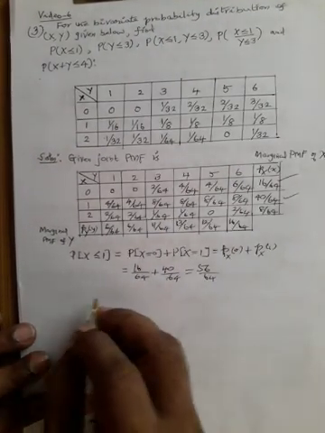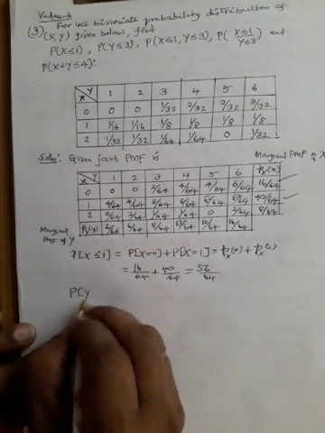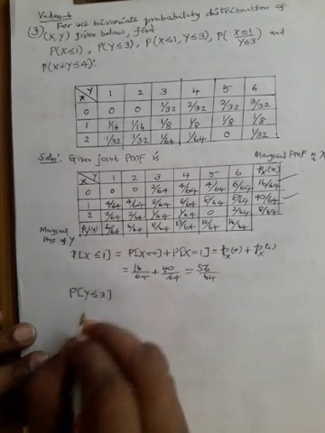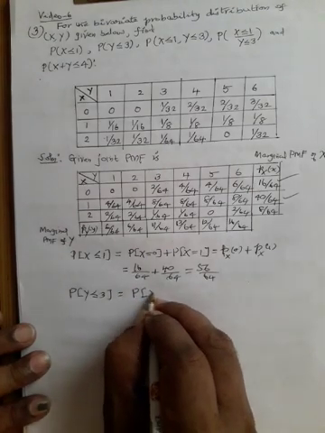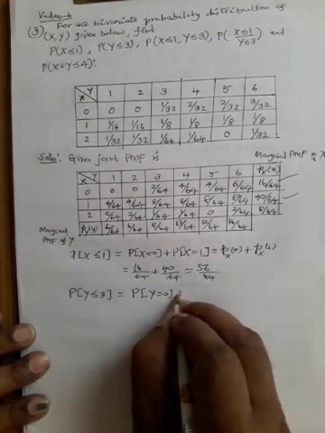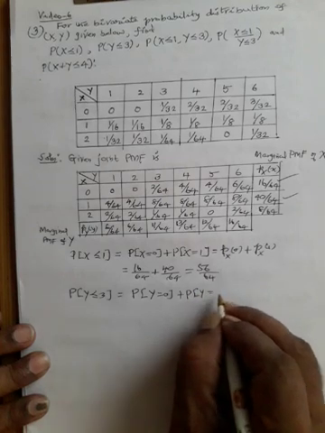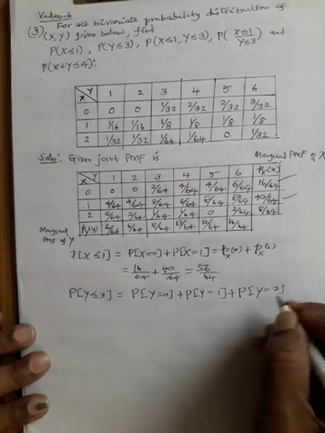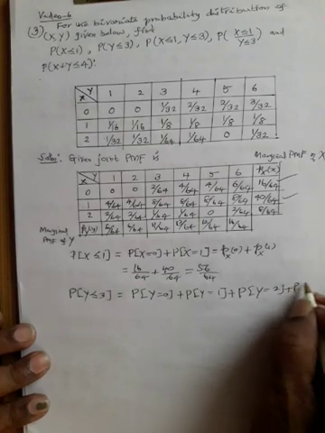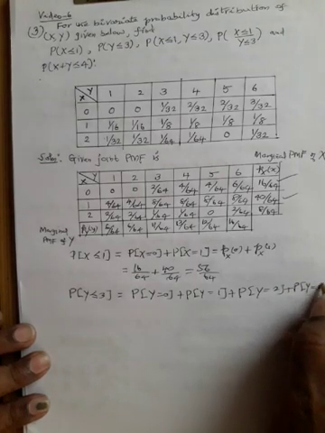So P of y less than or equal to 3. This is P of y equal to 0 plus P of y equal to 1 plus P of y equal to 2 plus P of y equal to 3.